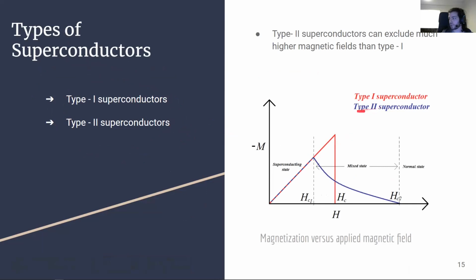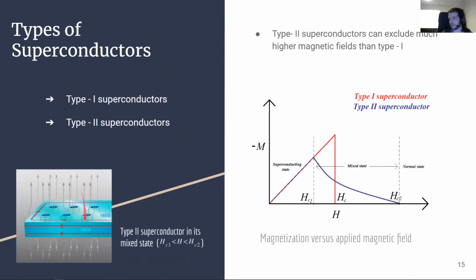Type 2 superconductors go through a mixed state, where there is a magnetic field penetrating through them, and there are some vortices with current forming around them, because this is the surface of the superconducting layer. So there are two critical fields for type 2 superconductors, but for a typical type 1 superconductor, we just lose the superconducting state at once.